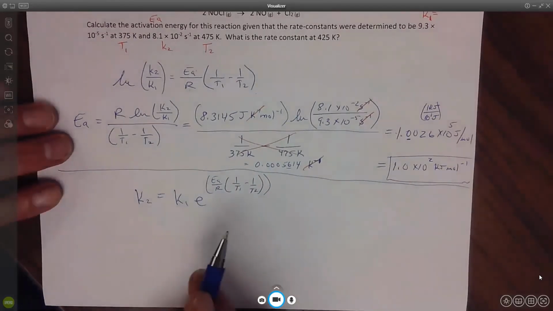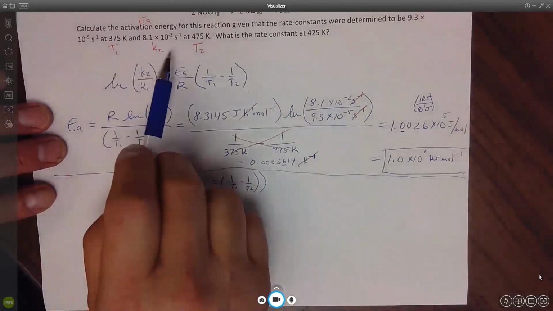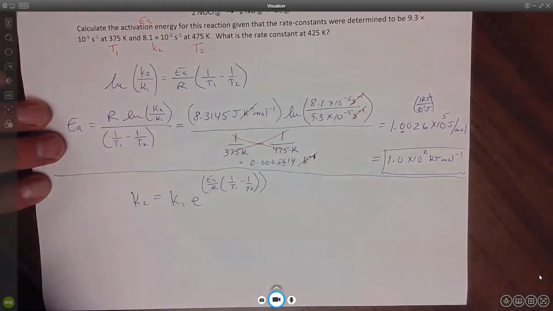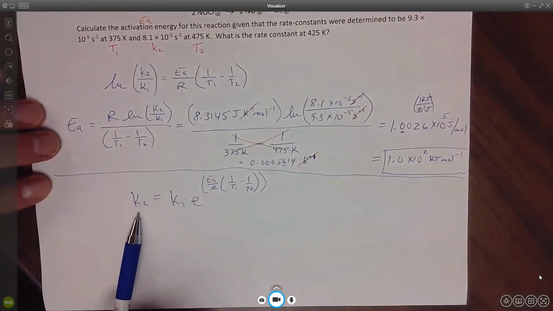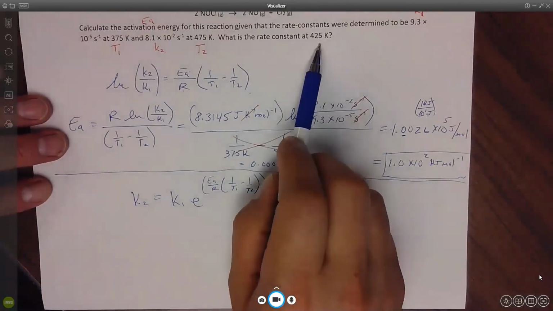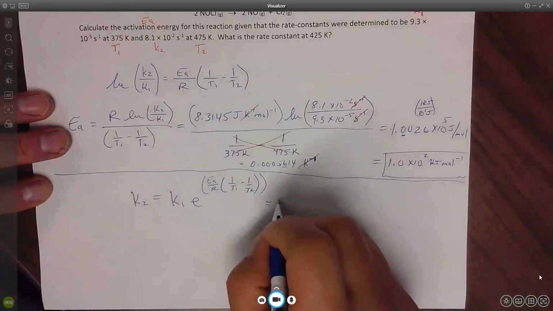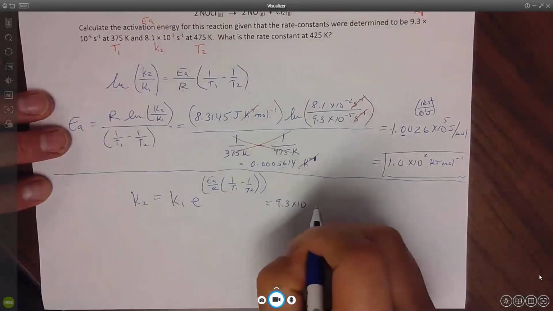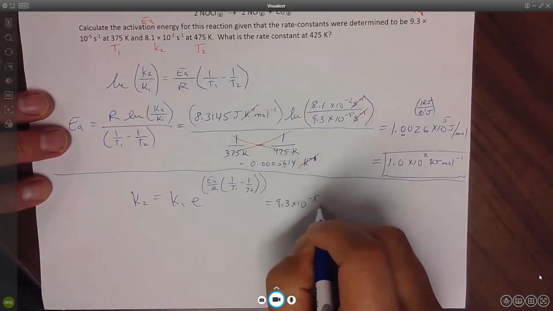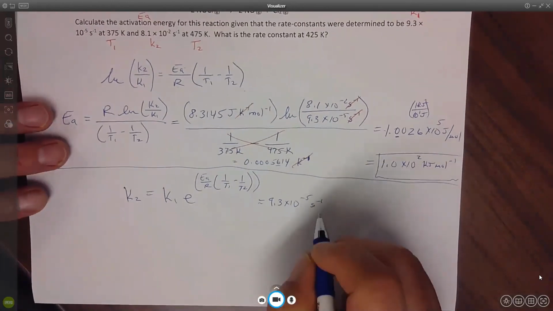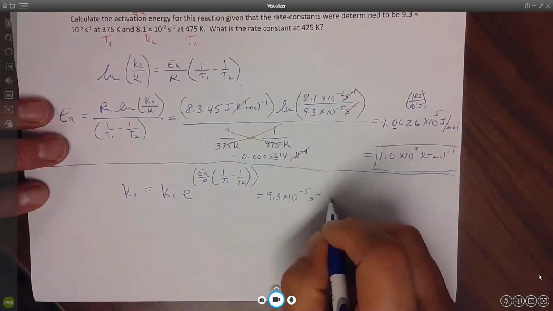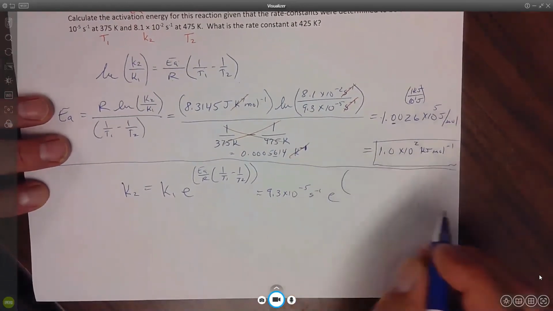Coming back to this, I'm just going to use the K1 and the T1, and it'll be K2 that we're solving for at 425. K1 was given to us as 9.3 times 10 to the negative 5 per second. Then we have e raised to the EA.